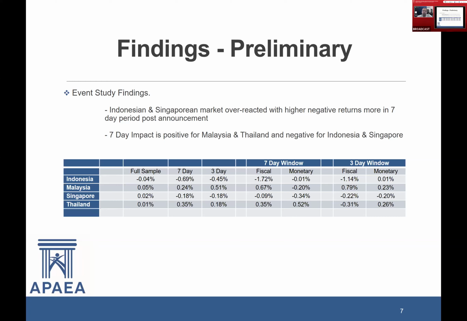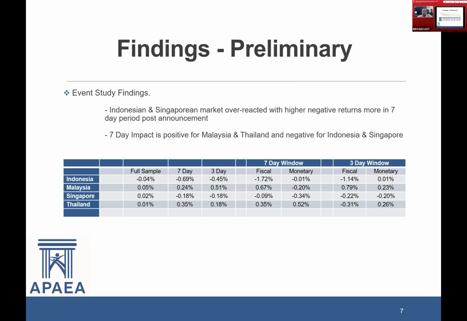Generally, from here it seems that in Indonesian and Singaporean markets there is overreaction, a negative reaction to announcements. The 7-day impact is positive for Malaysia and Thailand, while it is negative for Indonesia and Singapore. But these are just average returns, just the exploratory finding.